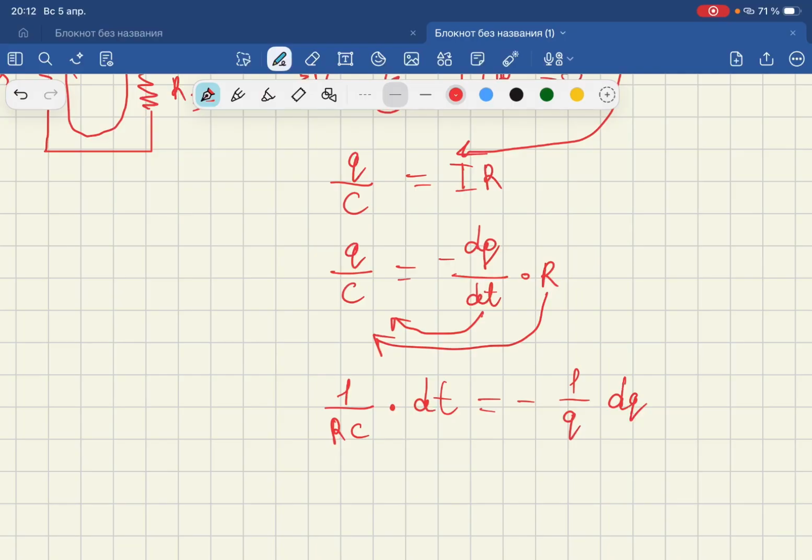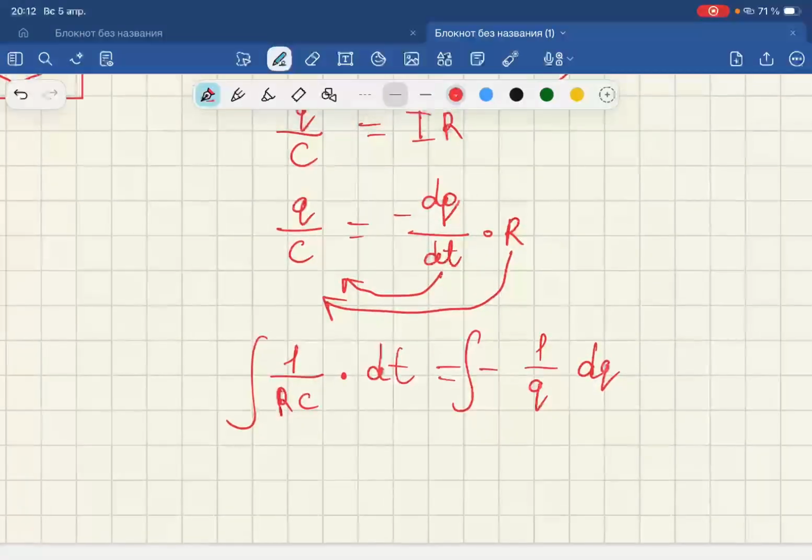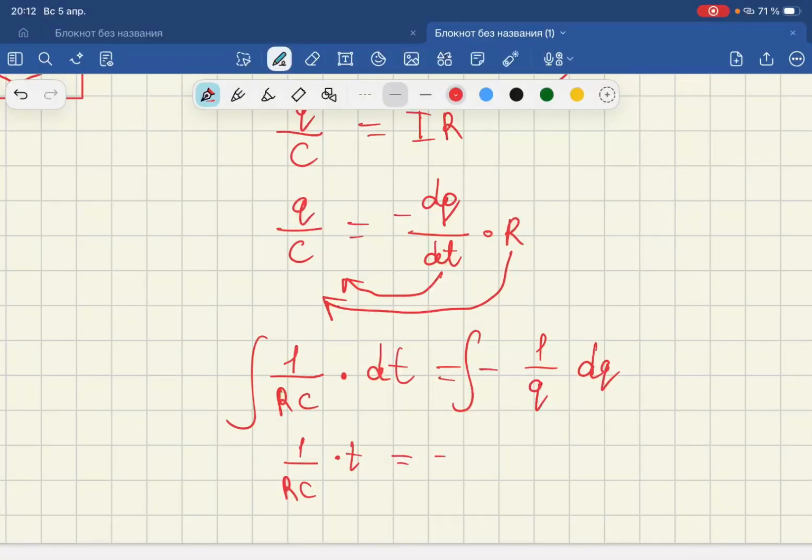Now we will integrate this equation from both sides, on the right and the left sides. In general, we will take 1 over RC times t equal to minus ln Q. After taking that, we can put the limits for each of them.